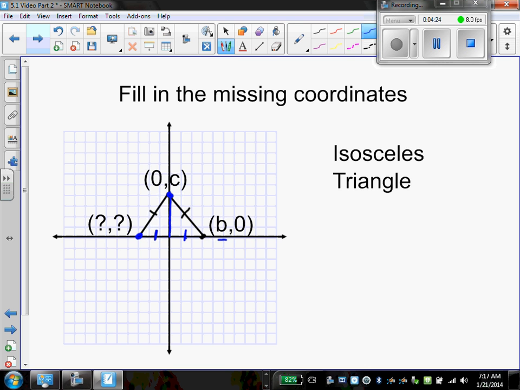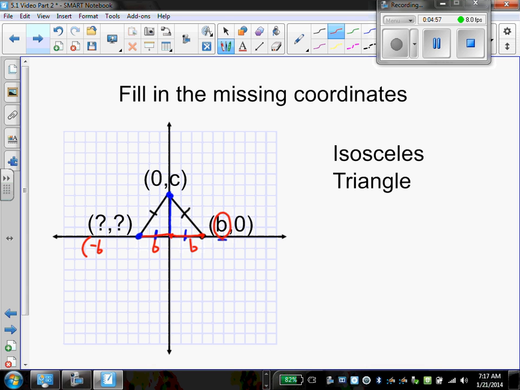So if to go from this point at an x value of 0 over here, we know that that is a length of b, because the x-coordinate for this point is b. But what that means is that going in the other direction, this part of it is also going to have a length of b, but it's in the negative direction. So that tells us that our x value for this point is going to be negative b.